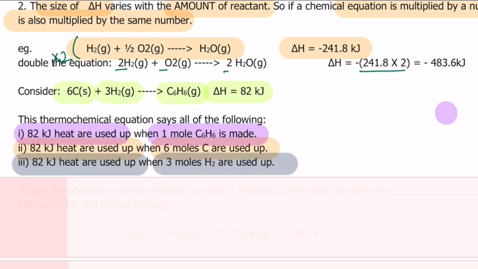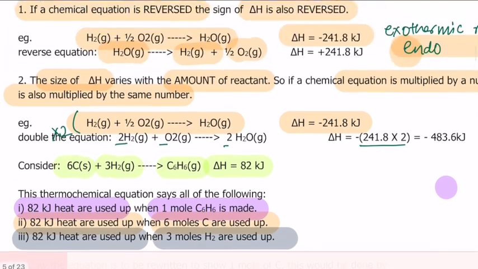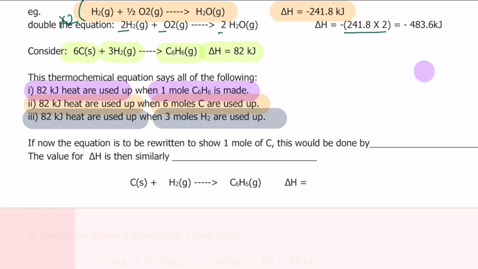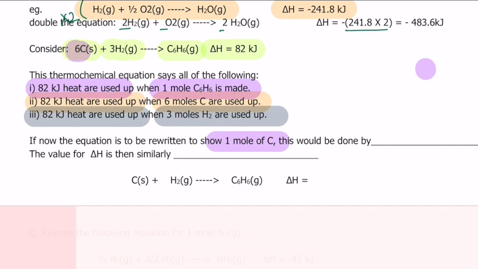Now, we can use the properties of delta H that we have just learned to answer some other kinds of questions about this equation. If we wanted to rewrite this equation to show 1 mole of carbon is being used up, then how would we do that? So we want to reduce this 6 into 1, which means you would take this entire equation and divide it by 6.